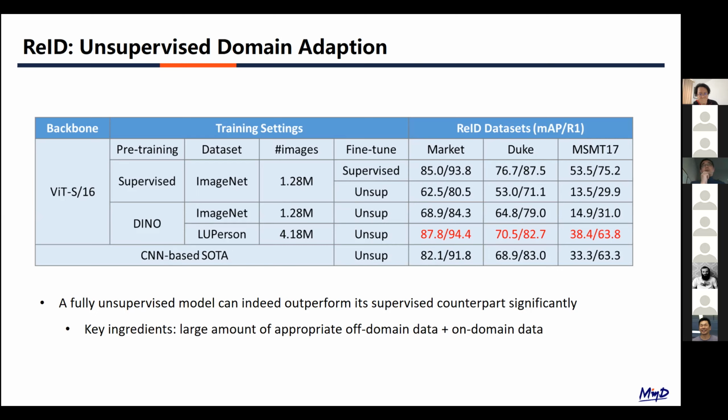But if we come to DINO, which is the totally unsupervised pre-training model, we see that using the unsupervised fine-tuning, we are still able to achieve slightly better performance compared to the supervised one.